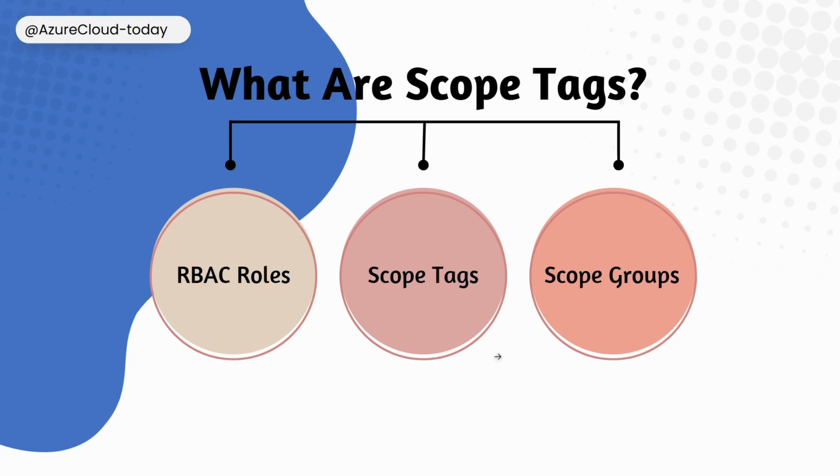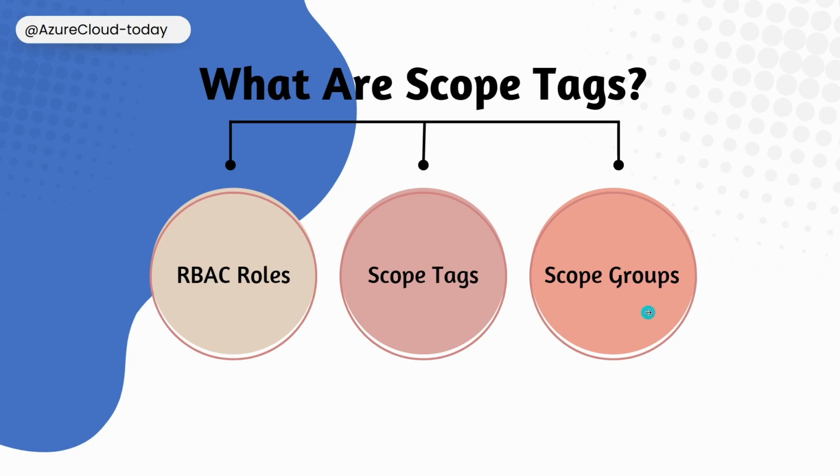However, Tom, on the other hand, has a scope tag named Dublin assigned to them. So when Tom logs into Microsoft Intune, he is able to see all the policies that are created with a tag of Dublin because Tom has a scope tag assigned to them with the name of Dublin.